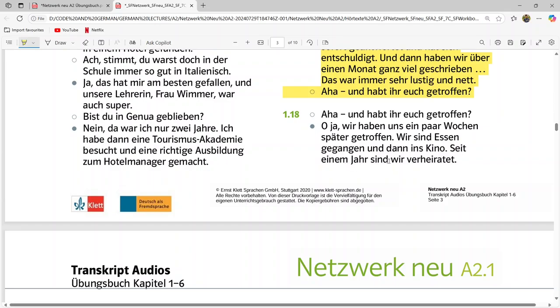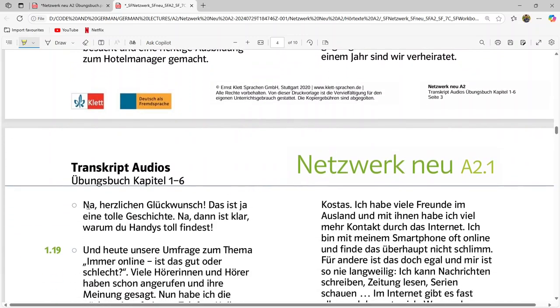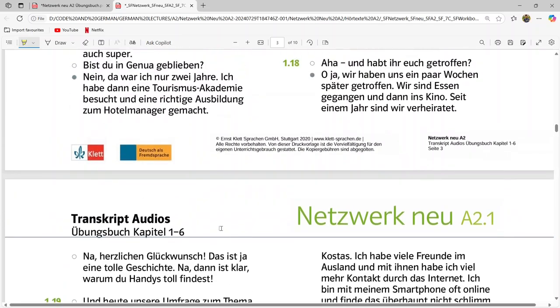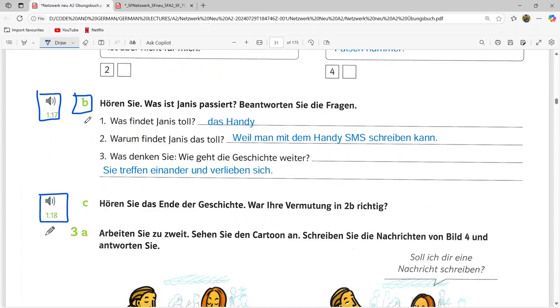Seit einem Jahr sind wir verheiratet. So since one year we are married. And now the friend is saying, na herzlichen Glückwunsch. So heartily congratulations. Das ist ja eine tolle Geschichte. That is a great story. Na dann ist klar, warum du Handys toll findest. Now it is clear to me why you find smartphones great.